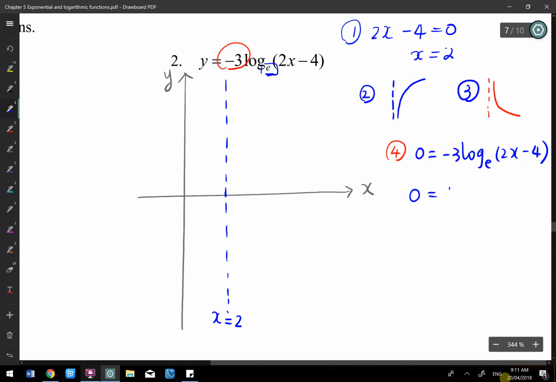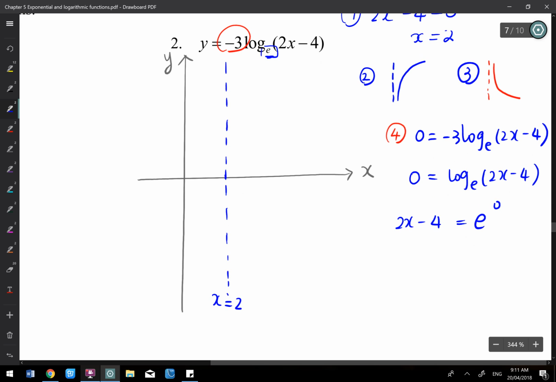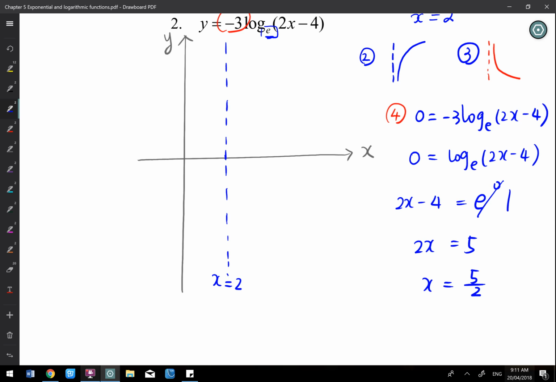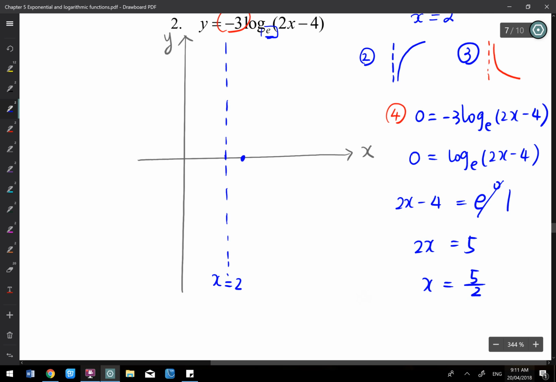So 0 equals log e of (2x minus 4). 2x minus 4 equals e to the power of 0, which is 1. So 2x equals 5, x equals 5 over 2. So 5 over 2 here.